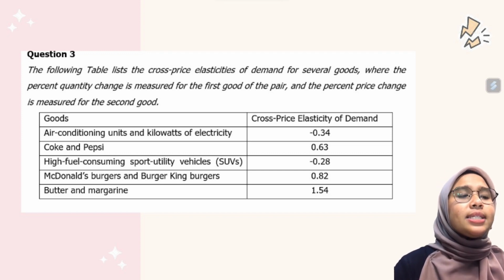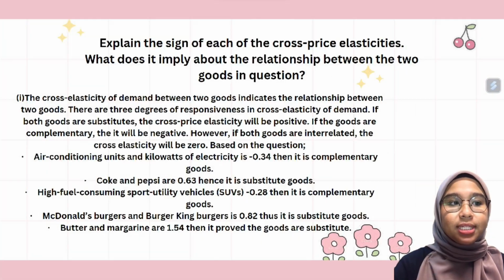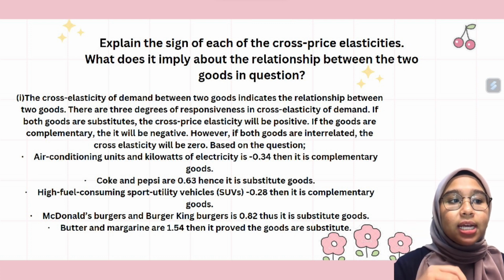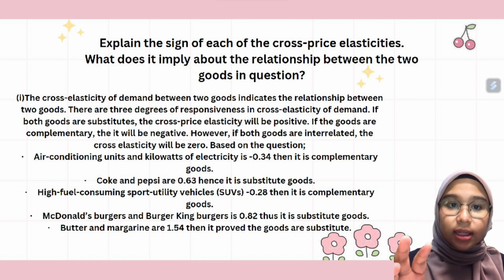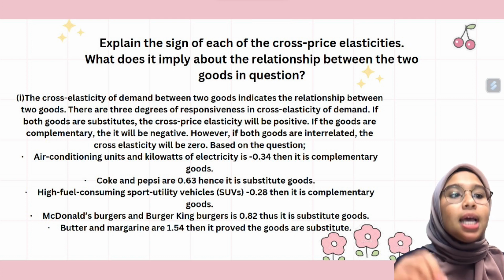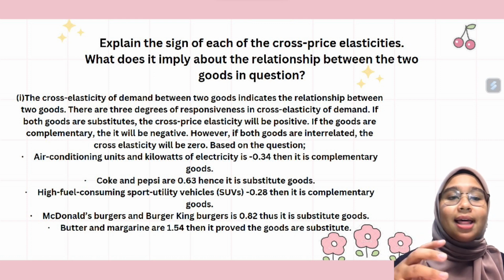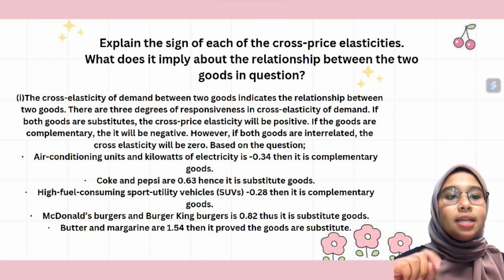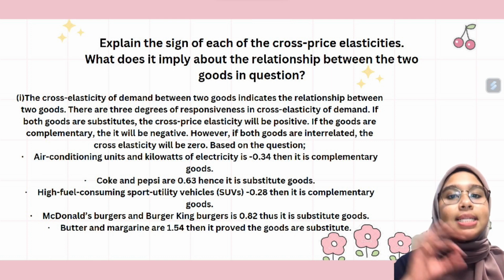The cross elasticity of demand between two goods indicates the relationship between them. If both goods are substitutes, the cross price elasticity will be positive. Meanwhile, if the goods are complementary, the cross price elasticity will be negative. However, if both goods are unrelated, the cross price elasticity will be 0.